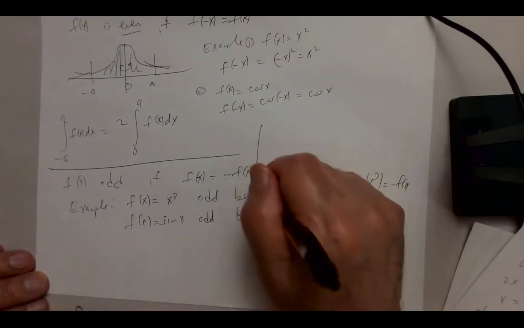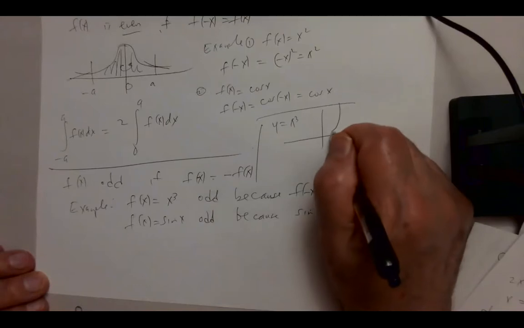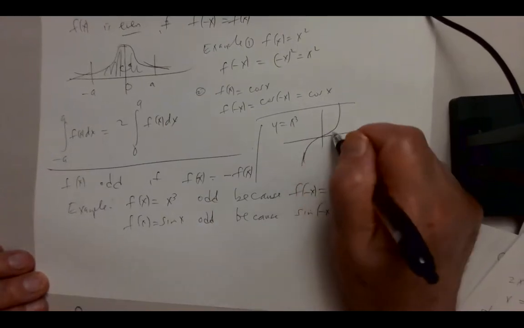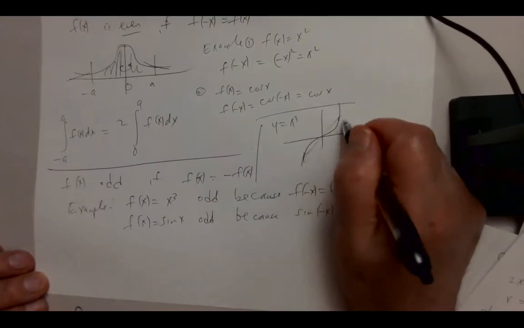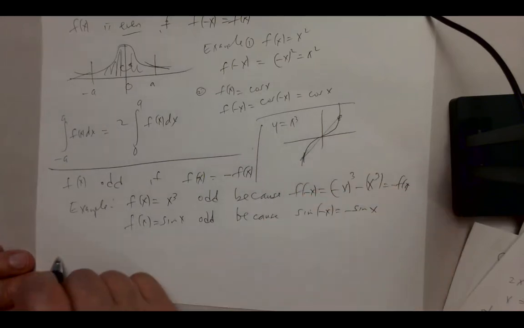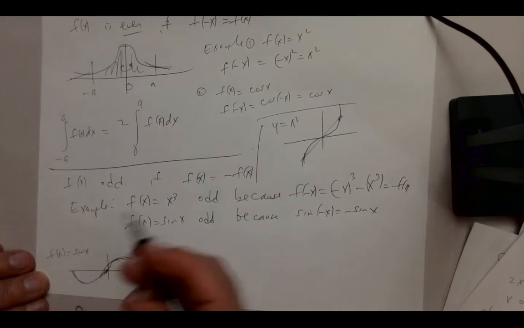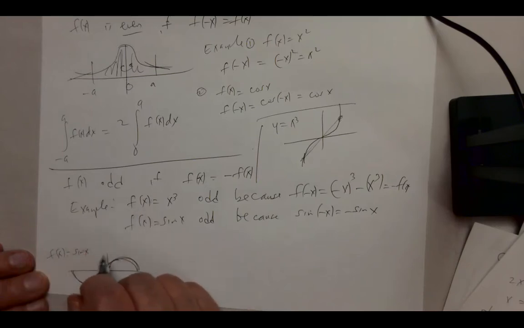If you look at the graph of y equals x cubed, it looks like that. If you go through the x-axis, it goes from positive to negative. If you look at the graph of f of x equal sine x, it looks like that. So it's not the mirror image, it's kind of like reflected through the origin.